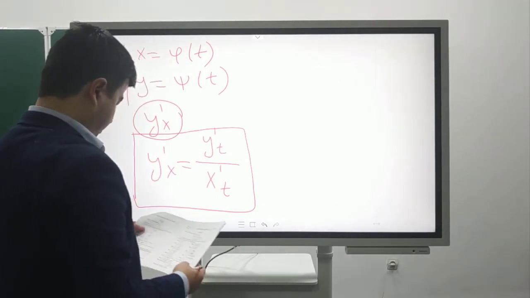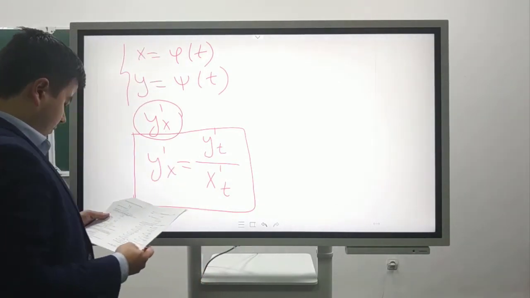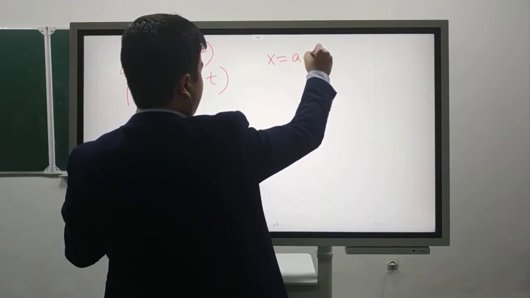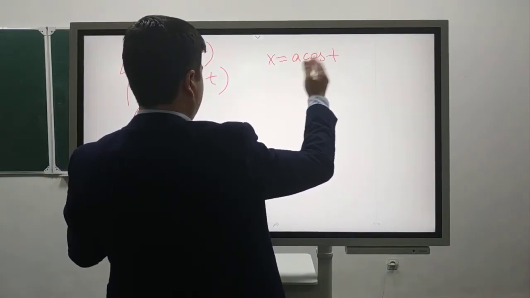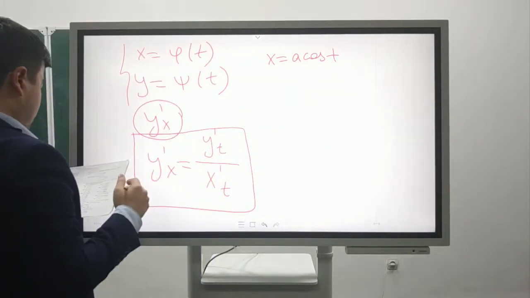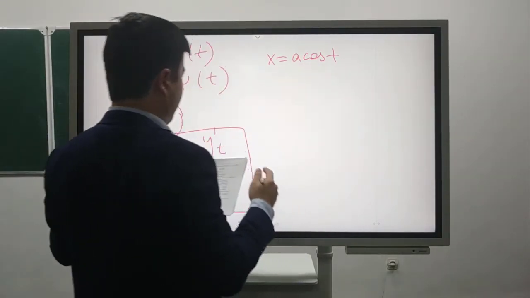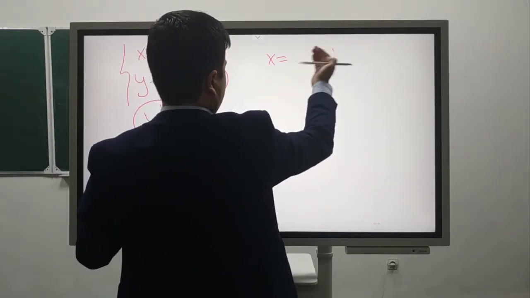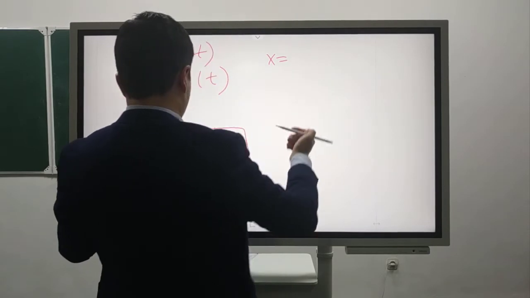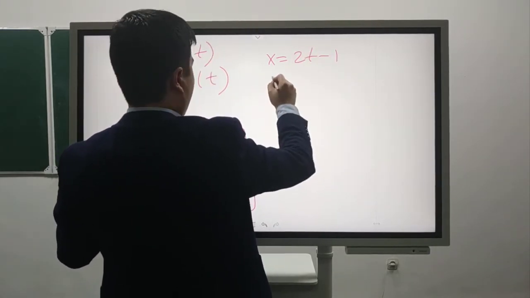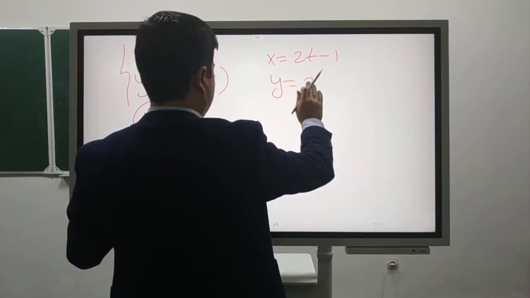For example, x is a cosine t, or any other function we may take. Let's take another example, for example, x is 2t minus 1, and y is 2t squared.